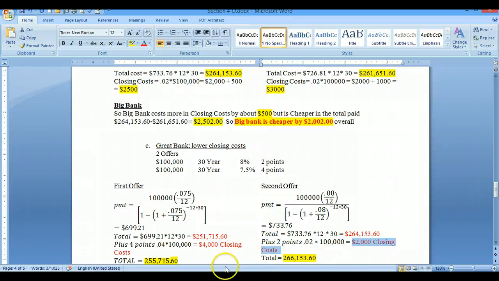If I add these together, so I add the total for how much I pay for the loan and add in the total for the closing costs, I put this as the first offer. So I have these a little backwards. First offer, and this will be the second offer.